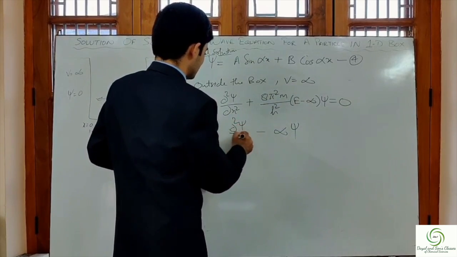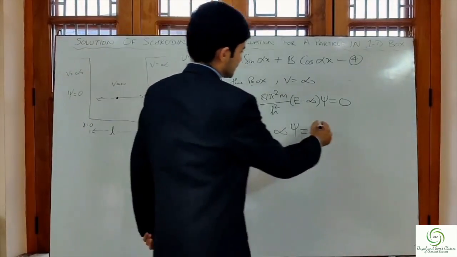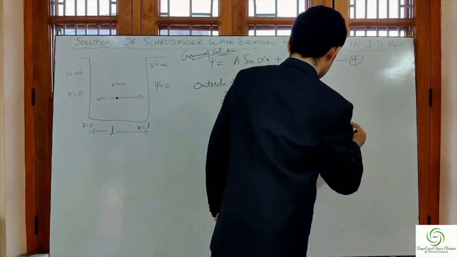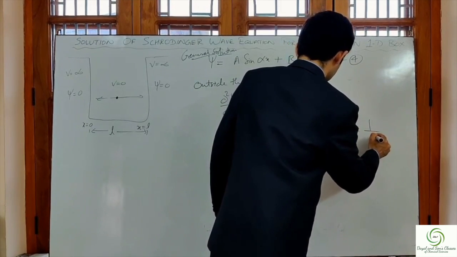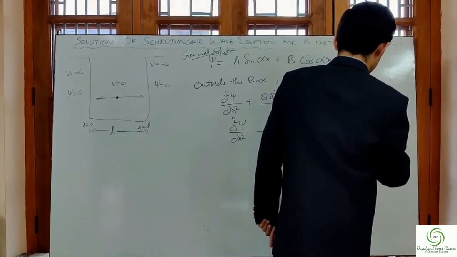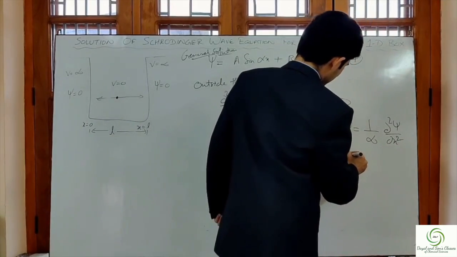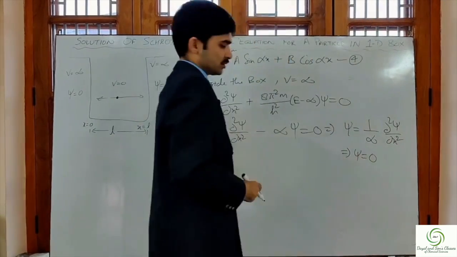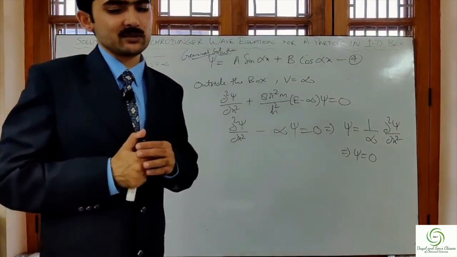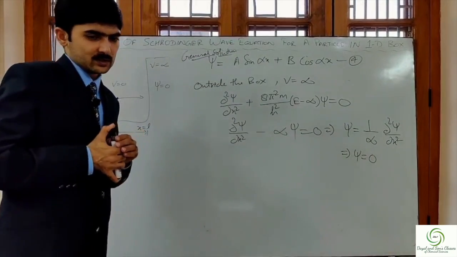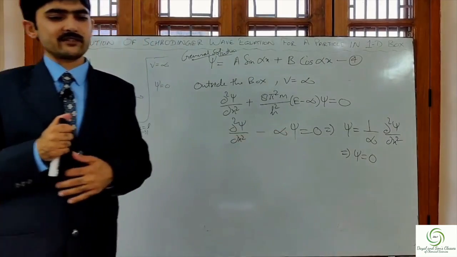This implies psi is equal to 1 upon infinity times del squared psi by del x square, which implies psi is equal to 0. This means outside the box the value of psi will be 0.